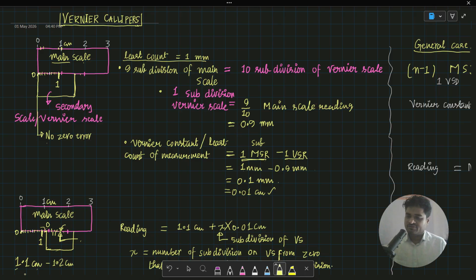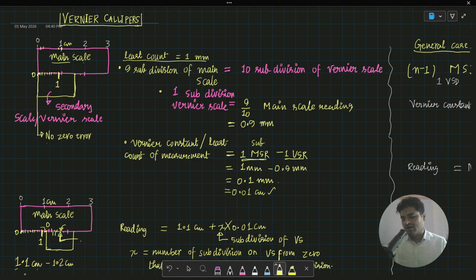We know the main scale can at best measure 1.1 centimeter or 1.2 centimeter, but using this Vernier calipers, we get to read further than that. And how do we do that?